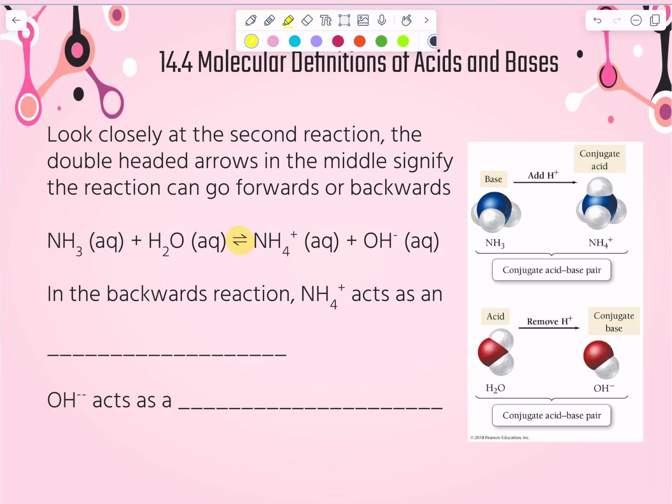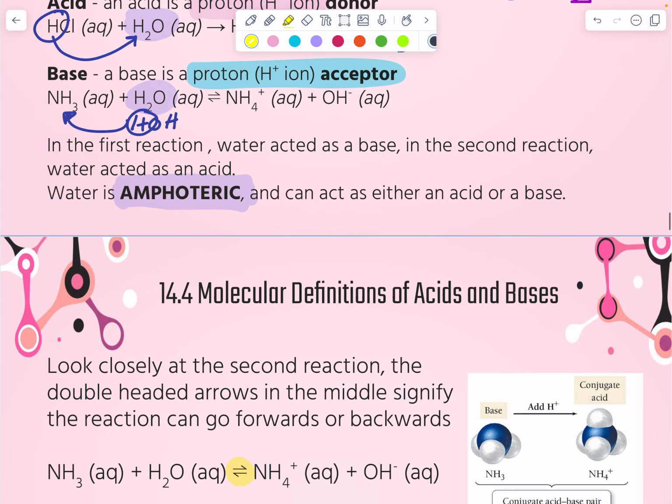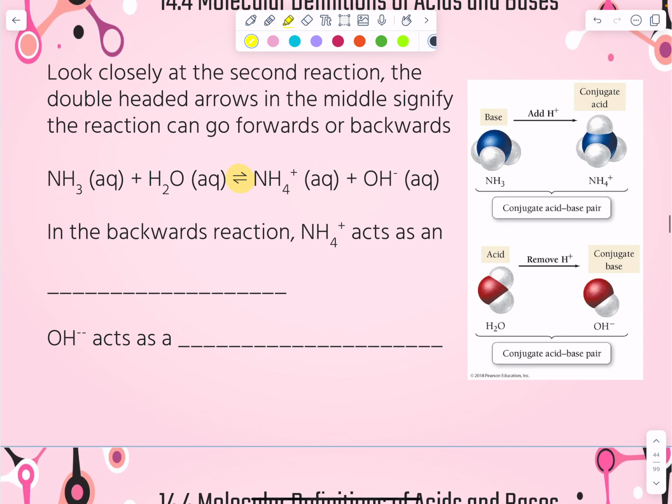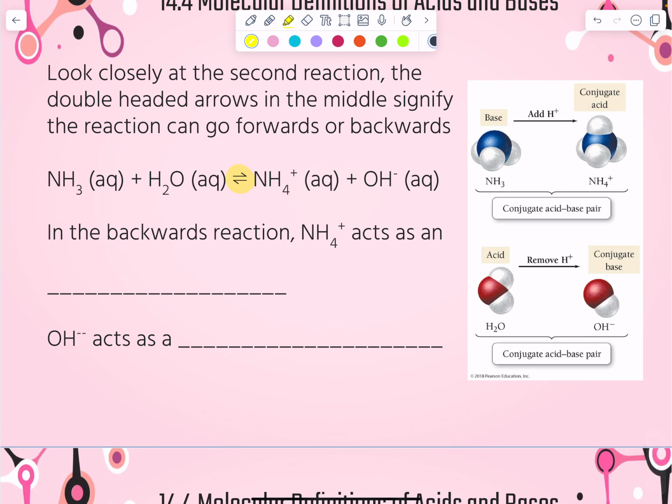The arrow in that is a forwards and backwards arrow. Notice in this one, the acid definition, that chemical equation was just a forward arrow. This is a forward and reverse arrow. So what the heck does that mean? That means that the reaction can go in both directions and is going in both directions.